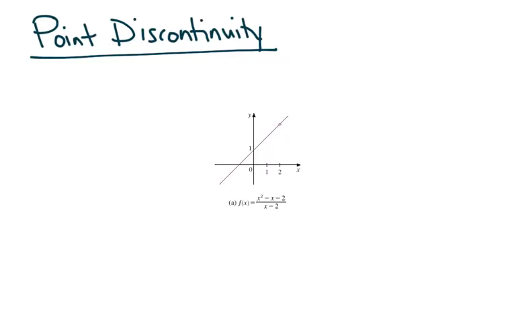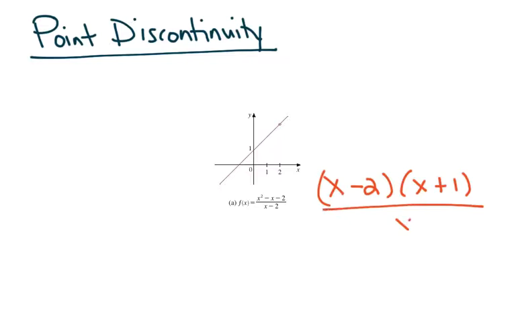Now, the reason this is the graph is because if you factor the numerator, you'll notice that there's a common factor in both the numerator and the denominator, and they cancel. So that line is really just the graph of y equals x plus 1, which is linear.